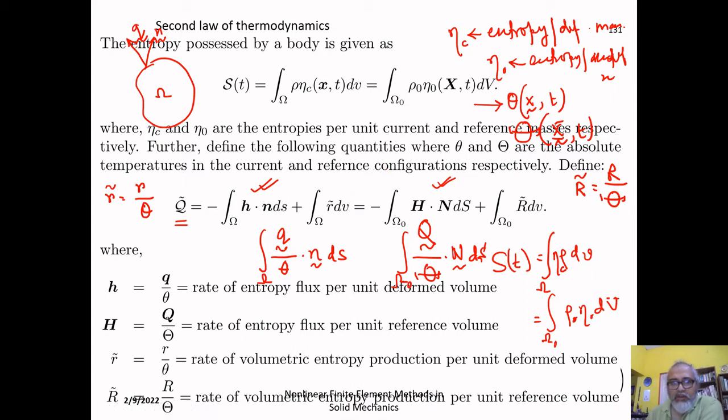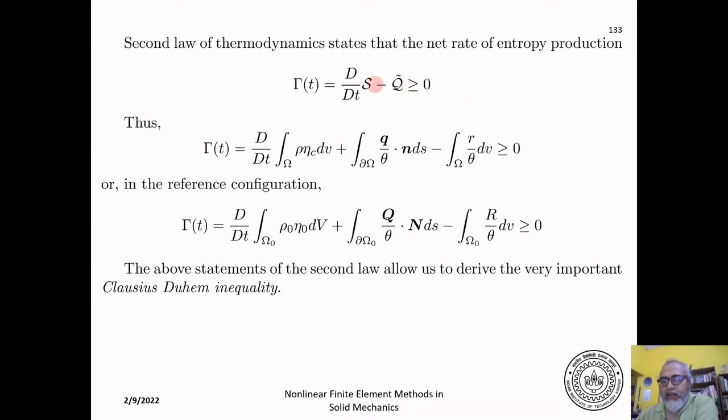Now, the second law of thermodynamics states that the rate of change of the total entropy minus Q tilde has to be always greater than 0, and we call this difference gamma t, which is the net rate of entropy production. So this contains the entropy flux and the entropy production rate, and this is the rate of change of the entropy carried by the body.